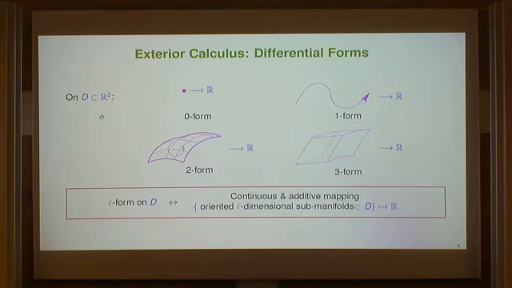So this is the idea of an l-form that you should have in mind. Something that can be integrated over an oriented l-dimensional surface. And this intuitive understanding has quite some benefit when it comes to understanding the calculus of differential forms.